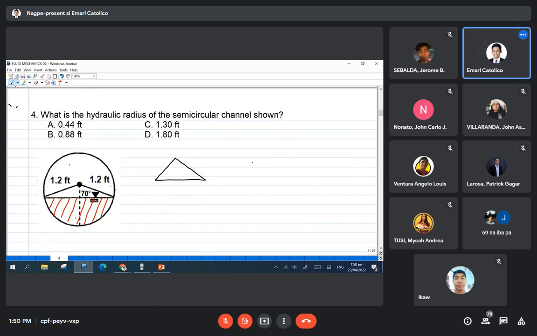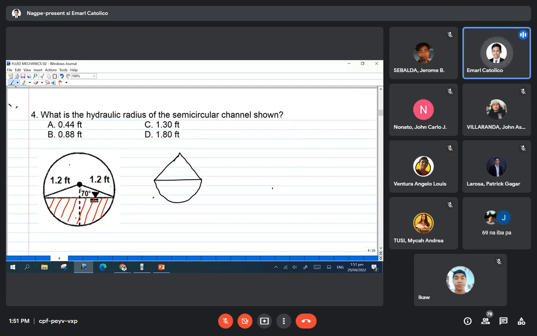Mayroong drawing naman dito. Yan, pwede na yan. So yan yung ating figure.